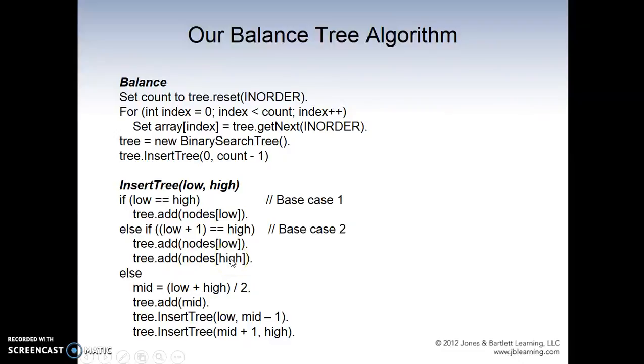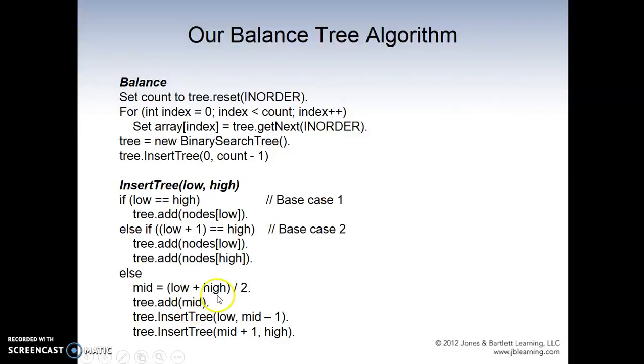Else, that means we have more than these two base cases. This is 1, this is 2. This is pretty much the list where we want to find the middle. So low plus high divided by 2 gives us the index of the middle, and then we can add the middle to the tree.